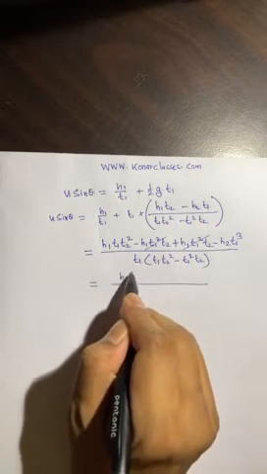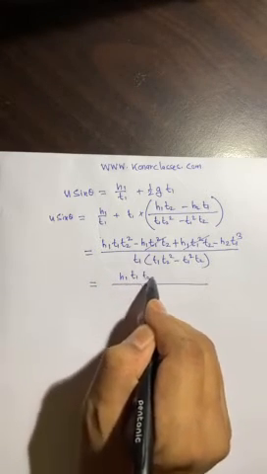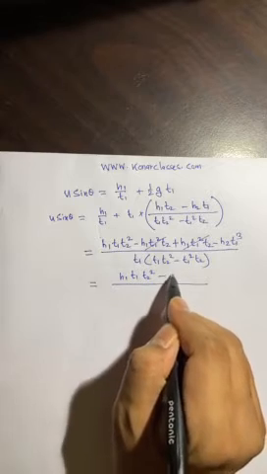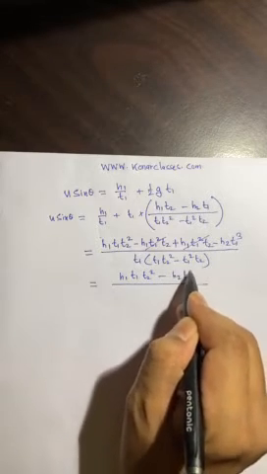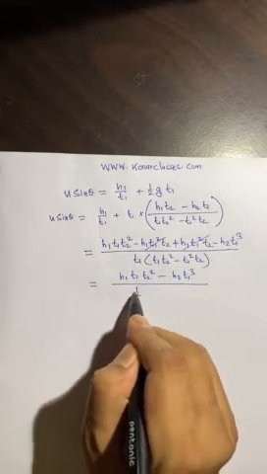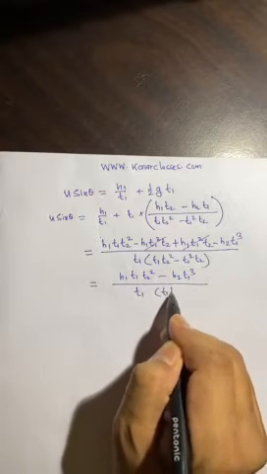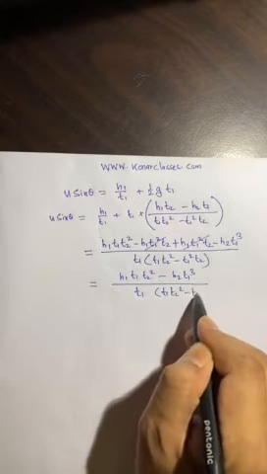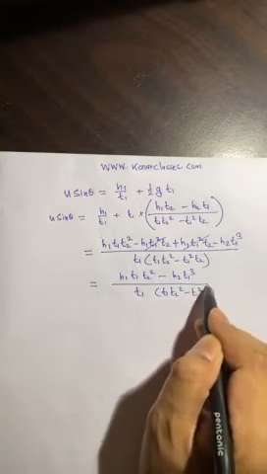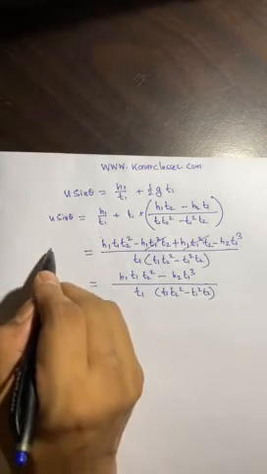h1 t1 t2 square minus h2 t1 cube over t1 t1 t2 square minus t1 square t2. So this is u sine theta.